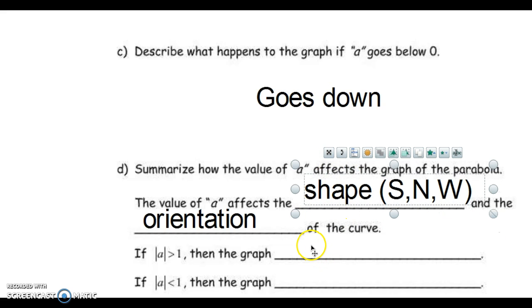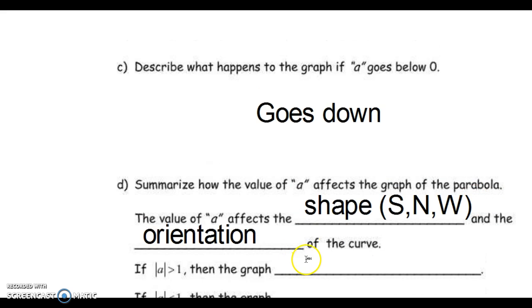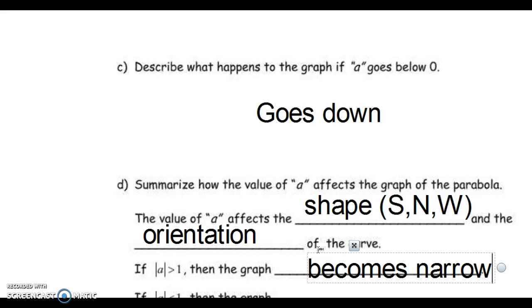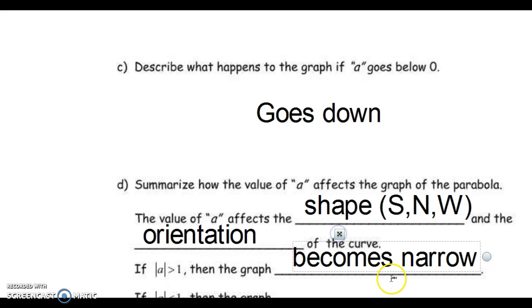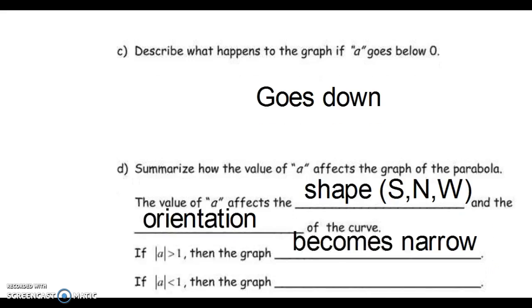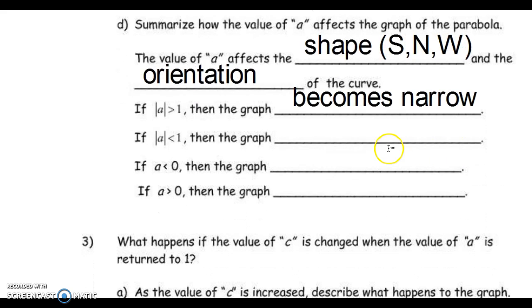So we have here becomes narrow. This becomes narrow whenever we're more than a 1. And here we have, when it becomes between a 0 and a 1 right here, then the graph becomes wide.